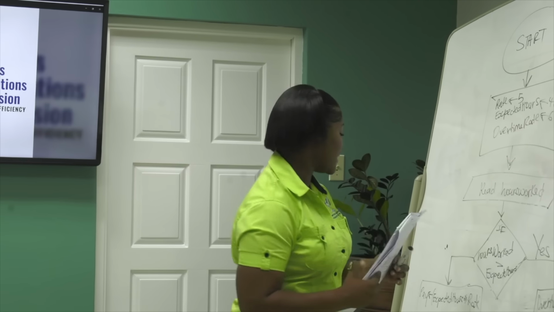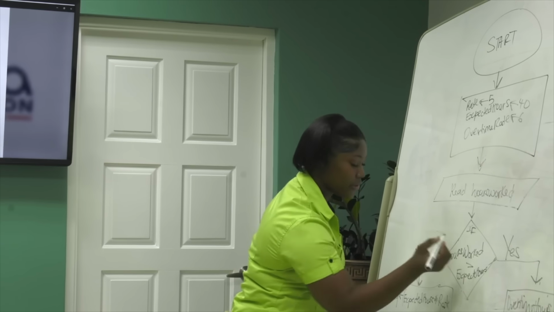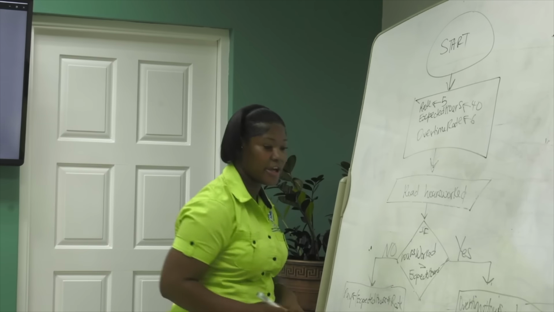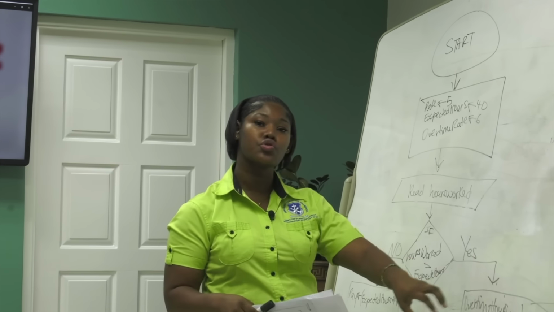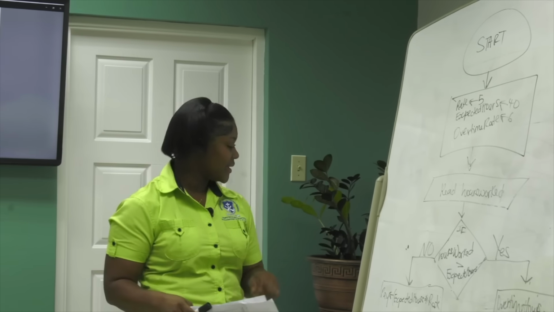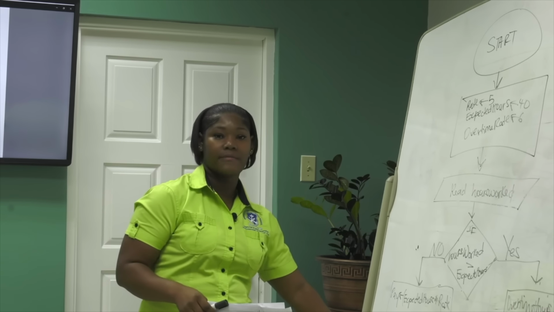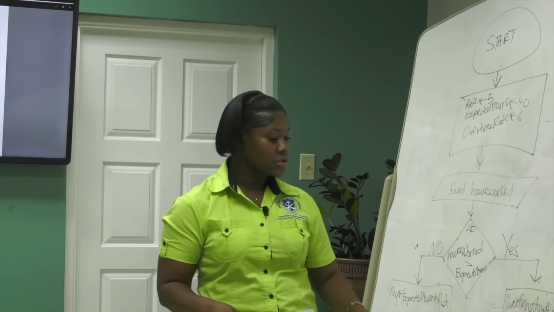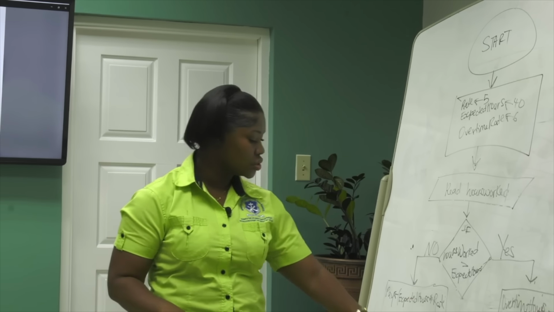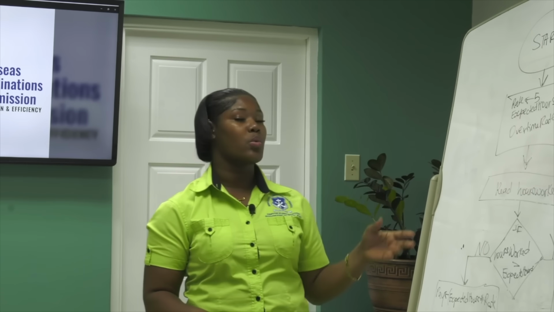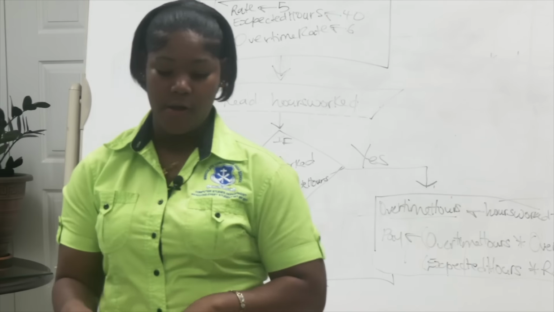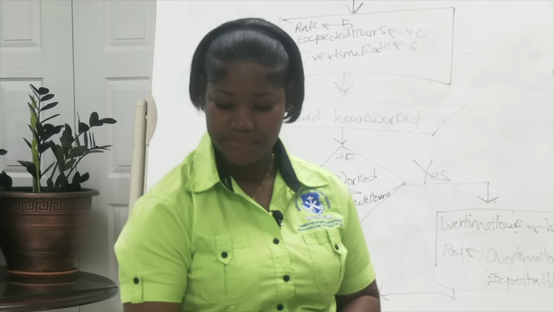We label our branches. So we have our yes branch and we have our no branch here. We have our actions to take if the condition is true. We have our actions to take if the condition is false as well. And of course, once that is done, we go to our stop, right? And that is how we represent the flowchart for the given question.